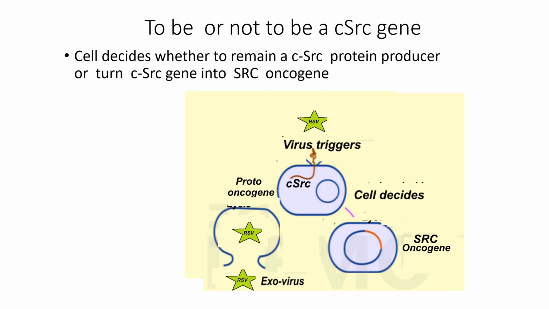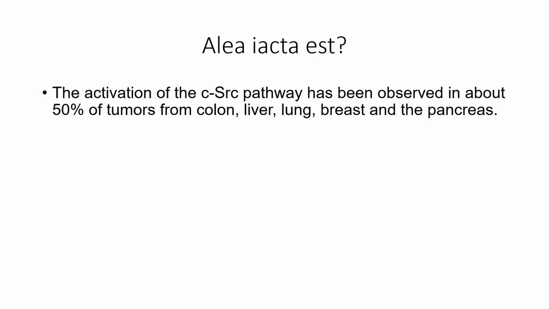And the cell which was triggered decides whether it is going to produce virions, or it may decide to store this information in the genome, which is known as SRC oncogene. So this c-SRC pathway has been observed in about 50% of tumors from colon, liver, lung, etc.